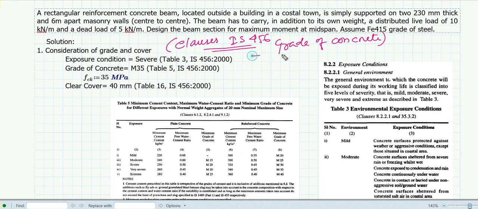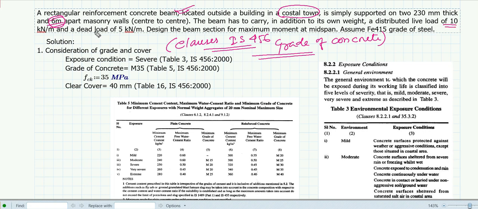The idea of designing is that you know the span is 6 meter, you know the condition, that it is in a coastal town outside of a building and simply supported, and it has to carry this kind of load.